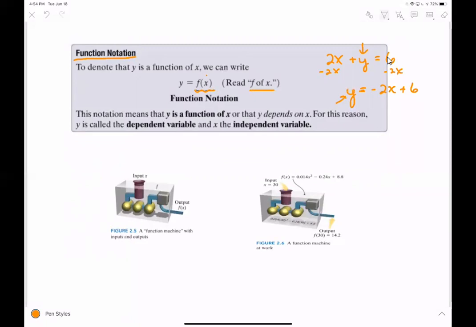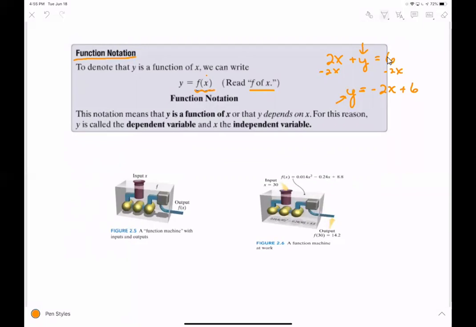This notation means that y is a function of x. Like we said previously, y depends on whatever x is, so y is the dependent variable and x is the independent variable.